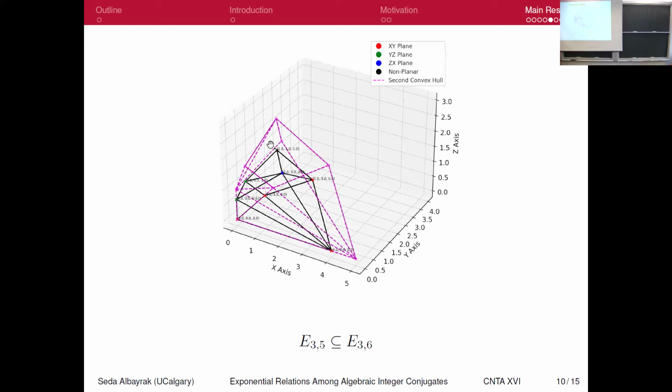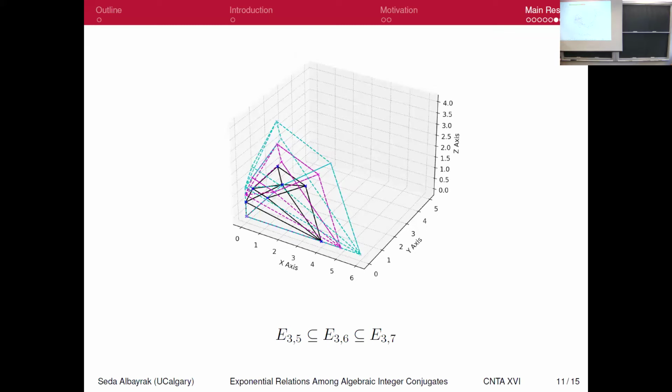I don't know if you see it as pink or purple, but it is another color. It is a little bit like you keep holding on to the origin and you stretch it a little bit. And then the turquoise one is E_3^7. So this is the shape of E_k^d for certain k and d. I also noticed that our setup already allowed k to be at most d minus 1 anyway, so k will never exceed d.